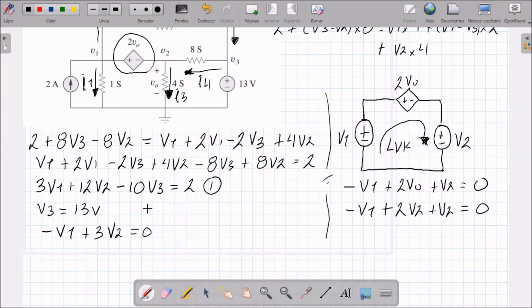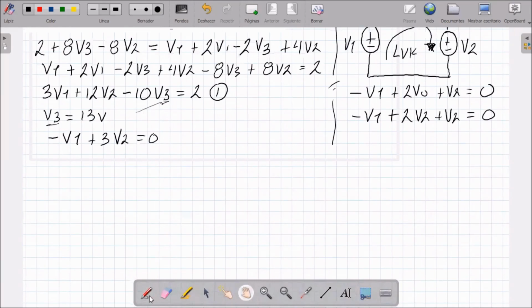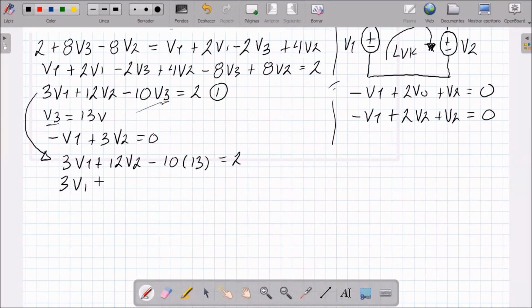Well, now what we can do is, since we already have the value of V3, we can replace this value of V3 here. I'm going to go down, I have to replace it here at this point. 3V1 plus 12V2 minus 10 V3 times 3. The value of V3 is equal to 13, so 3V1 plus 12V2 minus 10 times 13, that is 130, equal to 2.